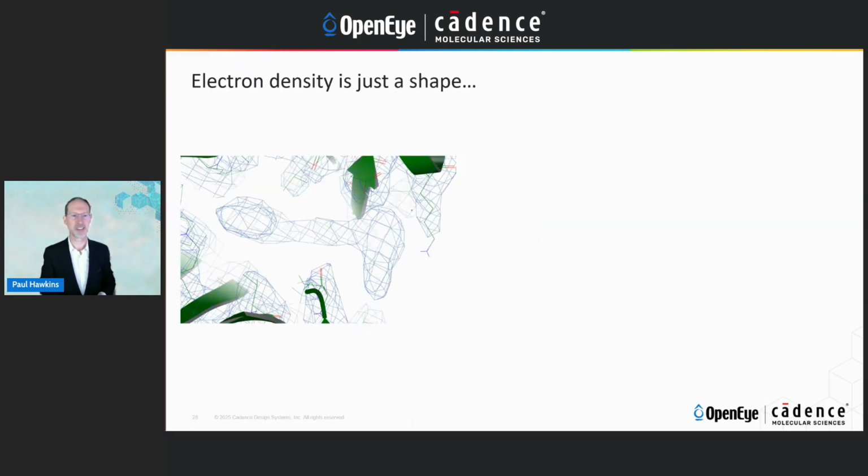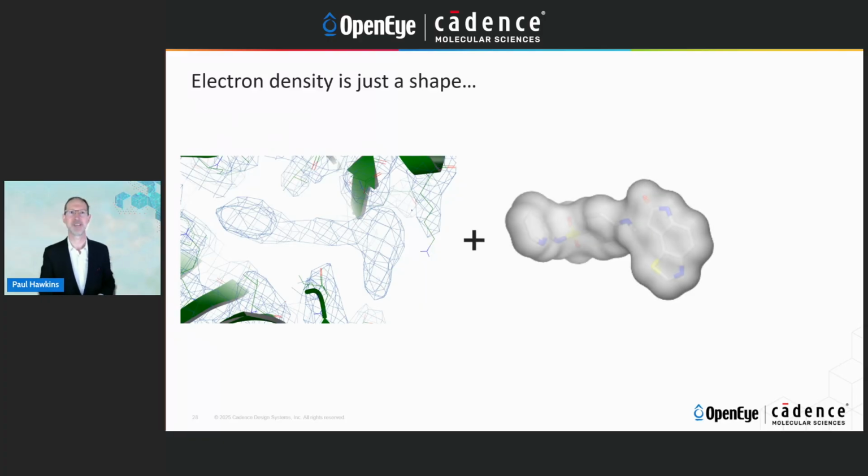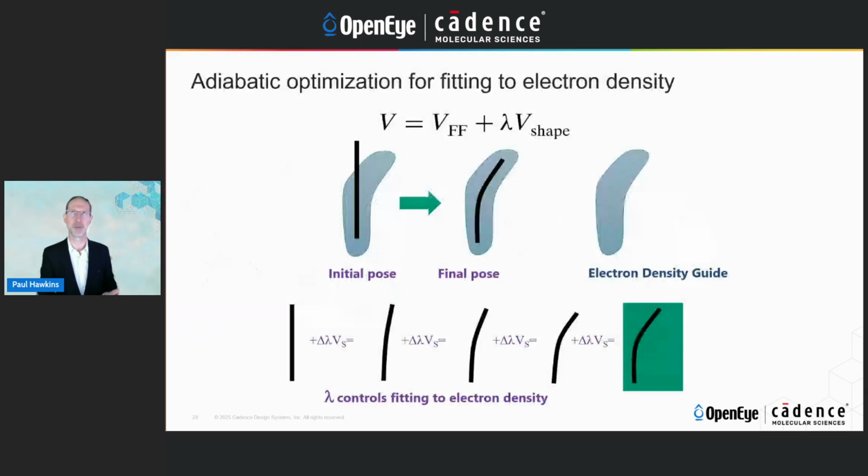So how are we going to approach this? Well, we came up with the realization that just like a molecule is a shape, electron density is a shape. And we know something about treating molecules as shapes. So perhaps we could fit shapes together, the shape of a molecule fitting into the shape of electron density. And that led us to a method we came up with, or adapted, I should say, called adiabatic optimization.